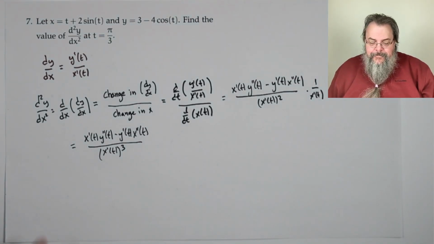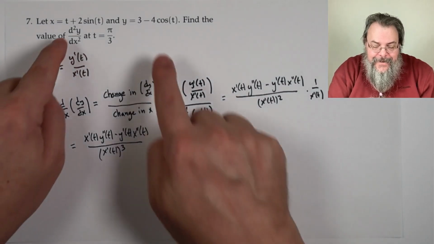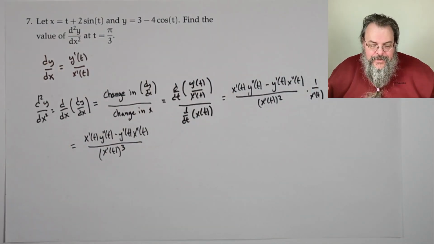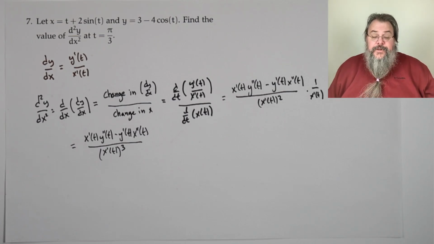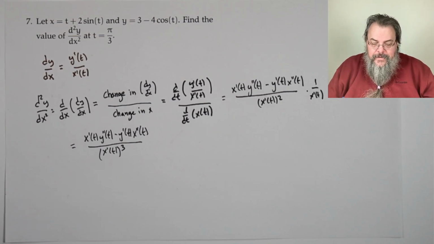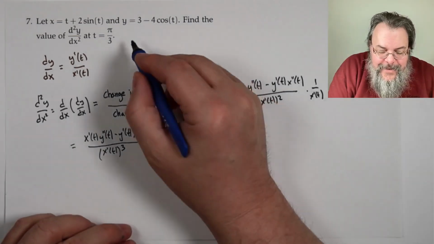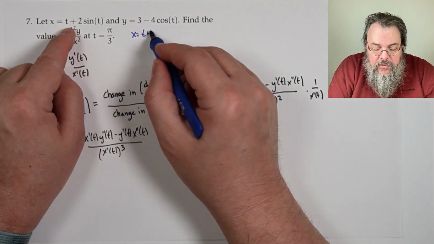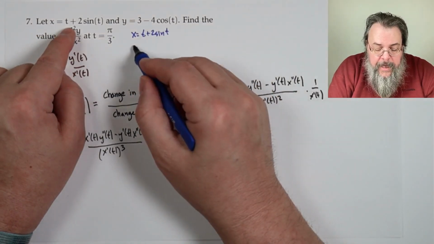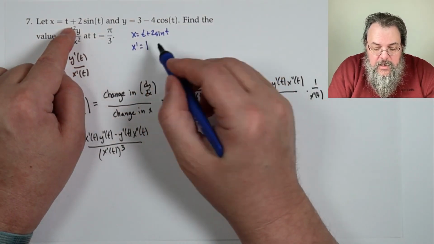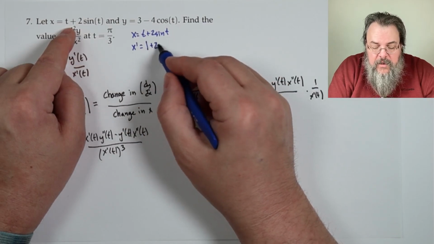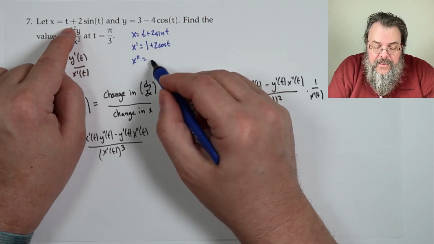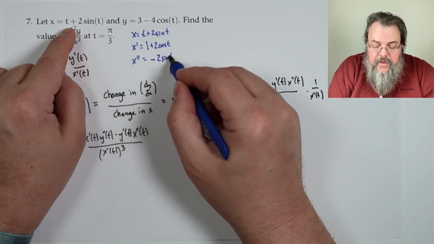Now, there's our formula. There's our x and our y. We just got to start churning. And fingers crossed, we get things which aren't too bad. Well, you can always hope. Let's work through x. So x is t plus 2 sine t, x prime, 1 plus derivative of sine, cosine, x double prime, derivative of cosine, negative sine.